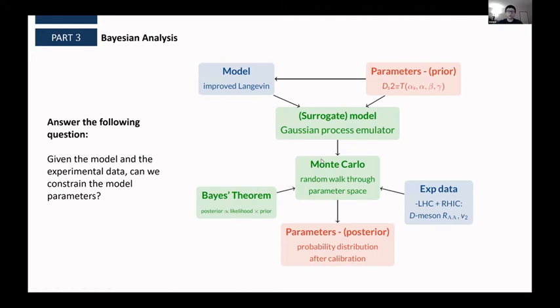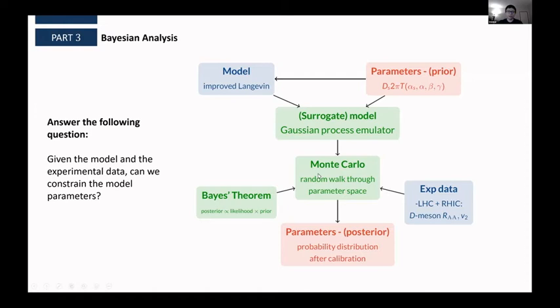With all those models at hand, we want to answer the following question: given the models and the experimental data, can we constrain the model parameters? The answer is yes, because we have this Bayesian analysis framework, which takes your model and then trains a surrogate model using a Gaussian process emulator.